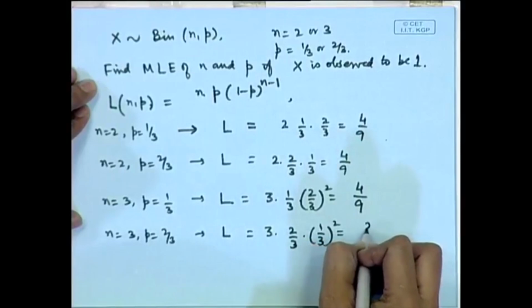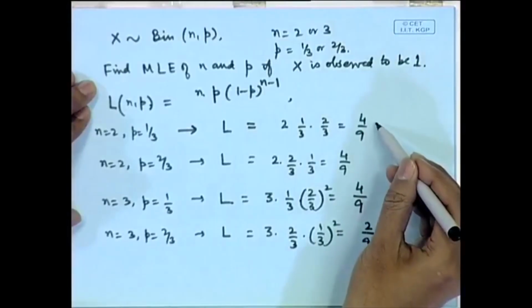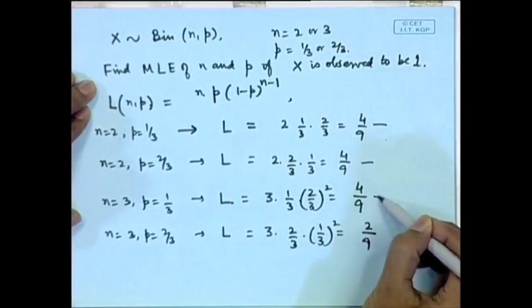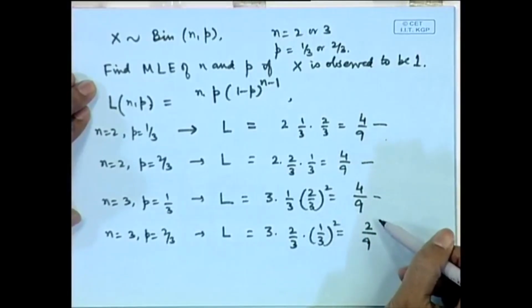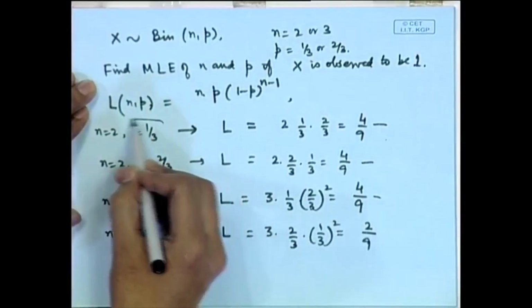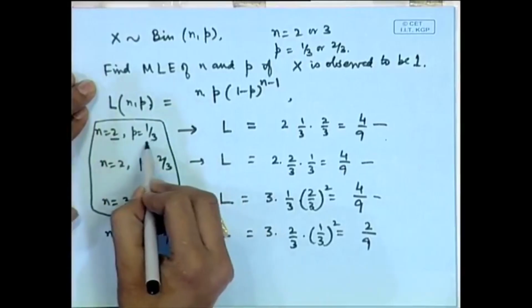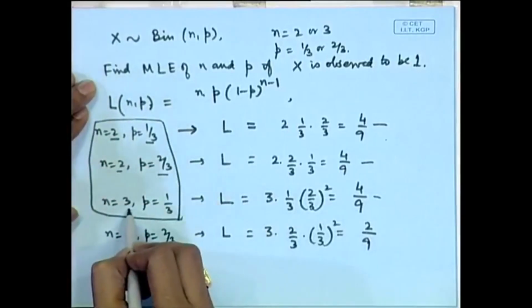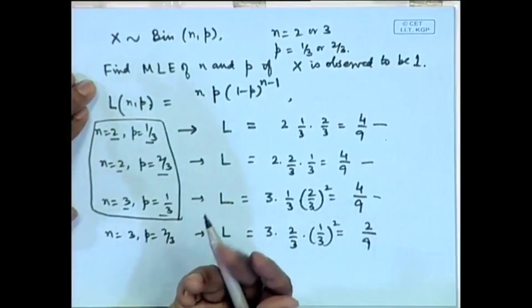If we are looking at the maximization of the likelihood function, then you can observe here that these three values are all the same and they are the maximum. This value is actually smaller. That means any of the configurations (2, 1/3), (2, 2/3), (3, 1/3) is as likely to give the maximum value as any other.